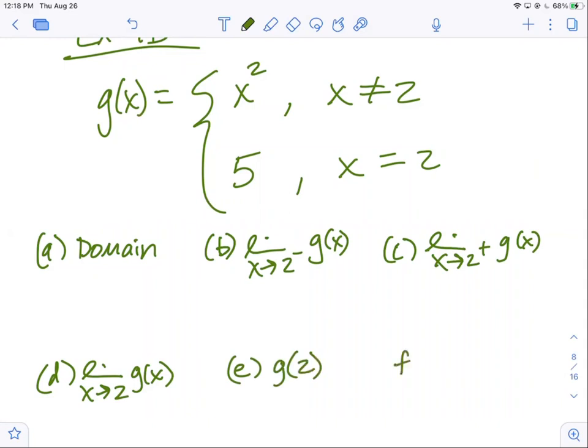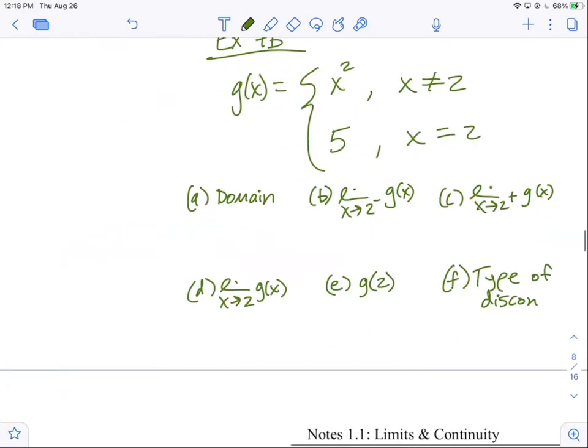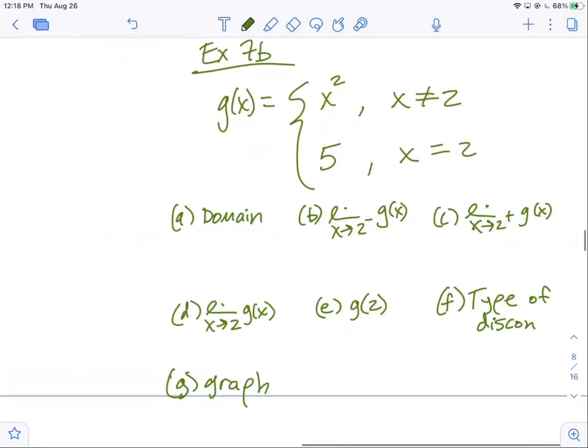And then the discontinuity type. And then maybe a graph. Okay, so do that one. I'll give you a minute or two. I'll pause the recording here.